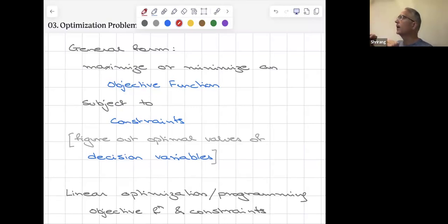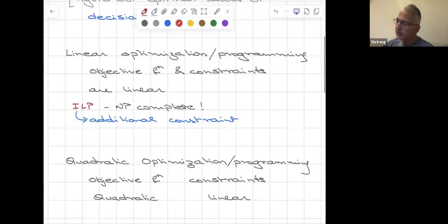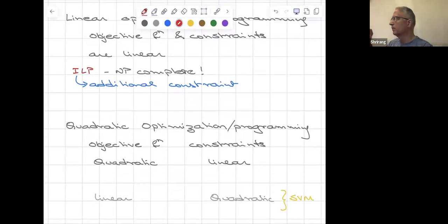On the other hand, I can have an objective function that is quadratic with linear constraints, or vice versa. So that becomes a quadratic optimization problem. The objective can be quadratic and the constraints linear, or the other way around. The algorithm for this optimization is very elegant.